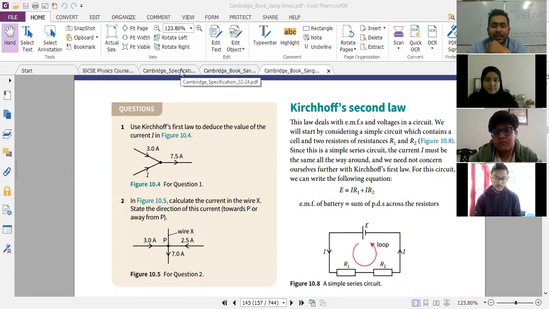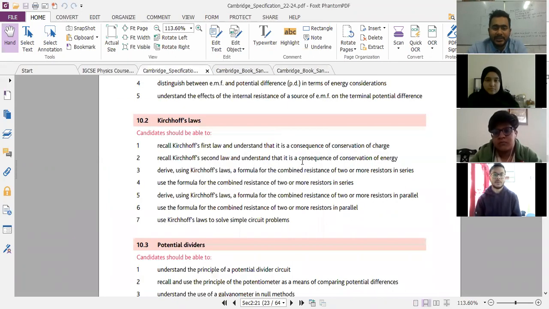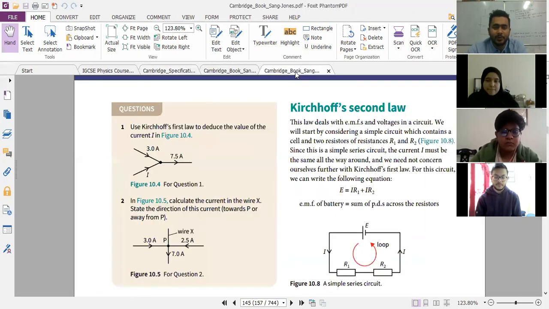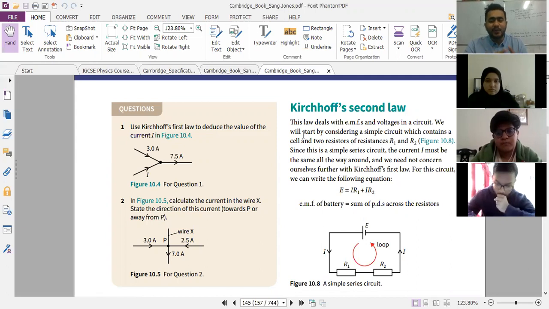We know what Kirchhoff's second law is, and it is a consequence of energy conservation. We will recall Kirchhoff's second law and understand that it is a consequence of conservation of energy. Let's see how. Before that, let me remind you that when we discussed EMF and potential difference, there was a very key point there. The voltmeter reading of the voltage across the cell tells us about the EMF.